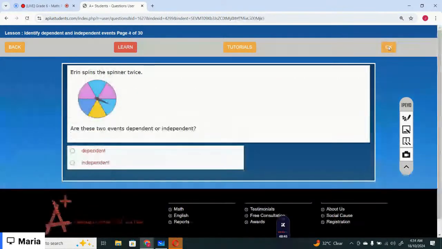Okay, Aaron spins the spinner twice. Are these two events dependent or independent?